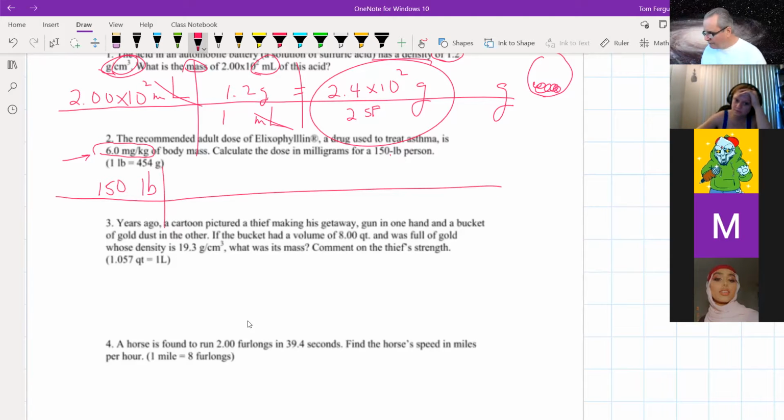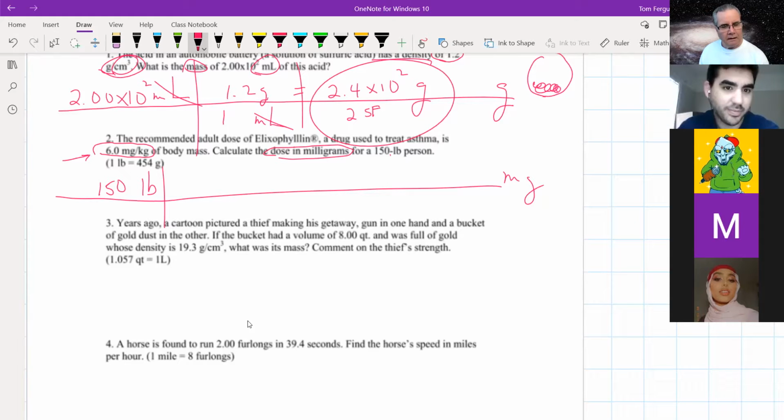Okay. So we need to go from pounds to what? What are we trying to calculate here? Milligrams. Okay, so we have a conversion factor with pounds and grams in it.